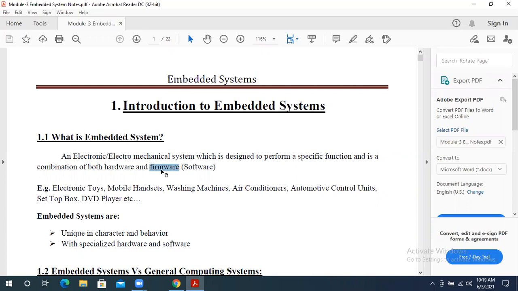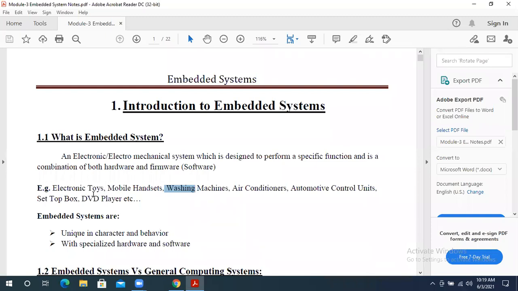So for example, electronic toys are an example of an embedded system here. Then mobiles, washing machines, air conditioners. We have a lot of applications nowadays which are all built on the theory of embedded systems.